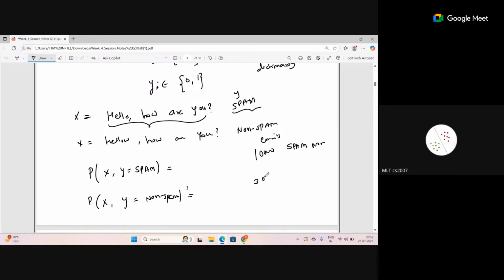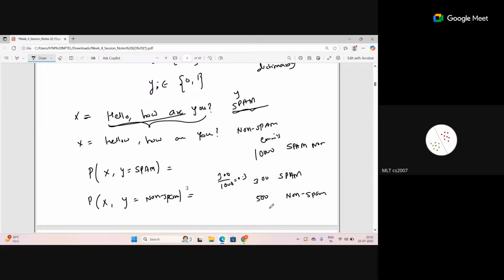Let us say in 300 emails this sentence appeared and was marked as spam, and in 500 emails it occurred and was labeled as non-spam. So what is the probability that this sentence occurred in a spam email? It is 300 divided by 10,000.